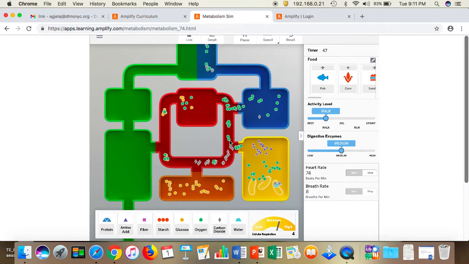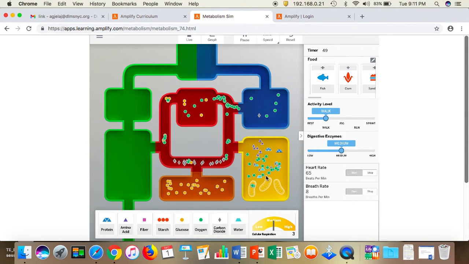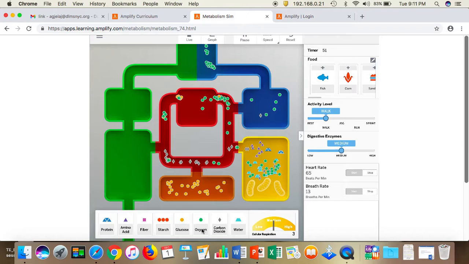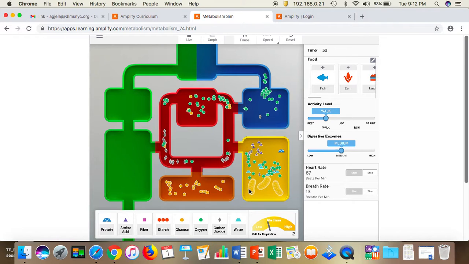Another thing that I want you guys to notice is the oxygen coming into the cell. As the oxygen comes into the cell, it comes close to the mitochondria. Let's pay attention.